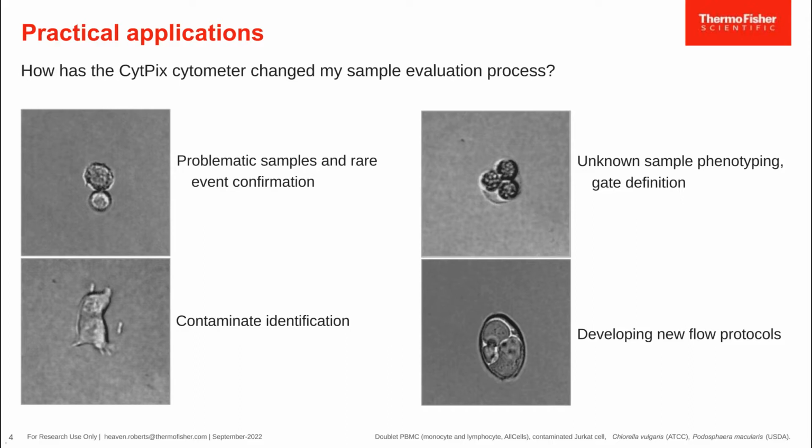For unknown samples or samples where you are unsure of the phenotype, whether you're measuring autofluorescence or staining indices, this can really help you with gate definitions and with doing titrations and sample preparation. And this leads into developing brand new flow protocols, maybe even of samples you've never worked with before, or samples you've worked with a lot and are just now discovering some new features.